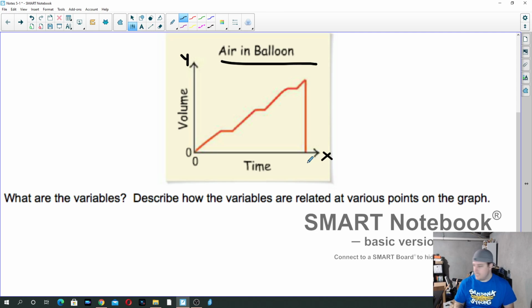It doesn't exist. I don't know if I'm going to be able to do this, but I'm going to try my best to replicate what this would actually look like. So what I need is a slow, steady increase in volume. That was a slow, steady increase in volume. It got a little bit bigger. Now it's staying stagnant. It hasn't changed volume, but time is still moving forward. Then it hits another slow increase in volume.